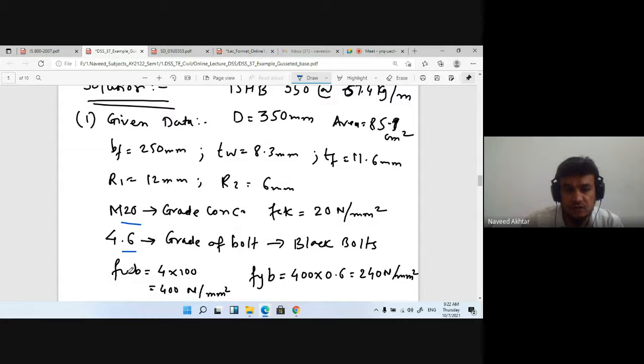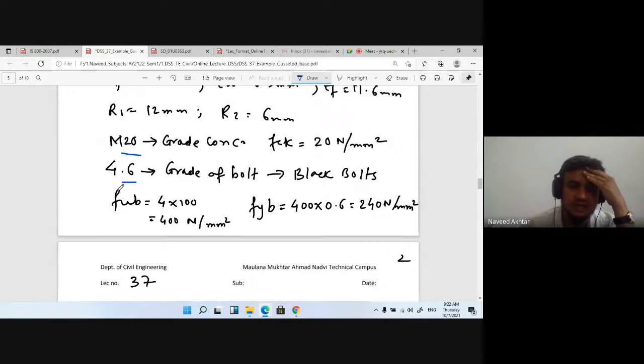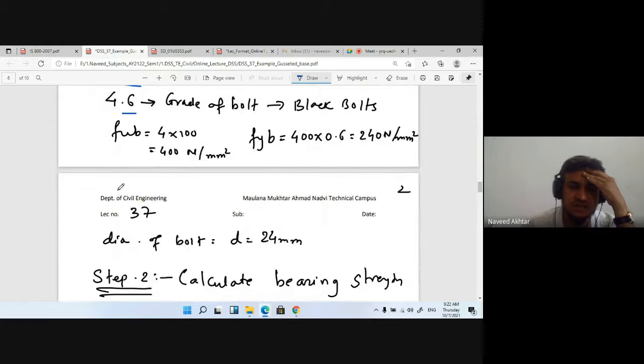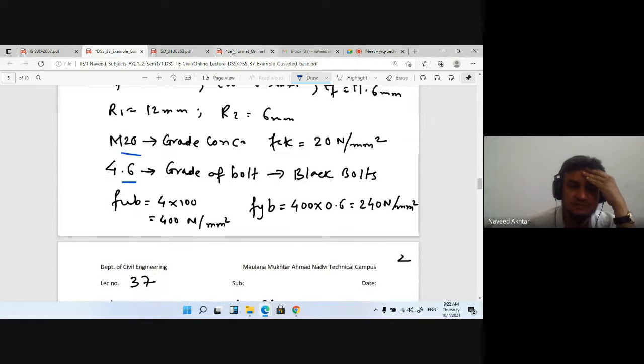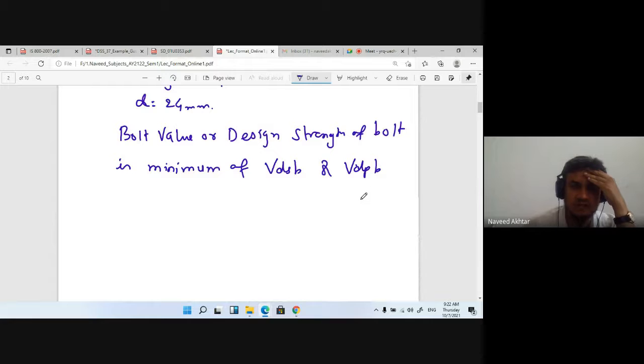Also thickness of flange, width of column, thickness of web, radius at root, radius at toe, all these values you can take from the steel table and are given. And diameter of bolt is also given, 24 mm.